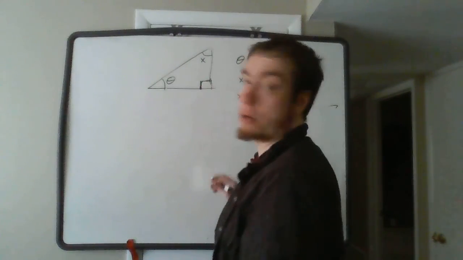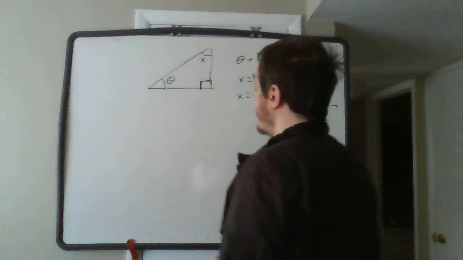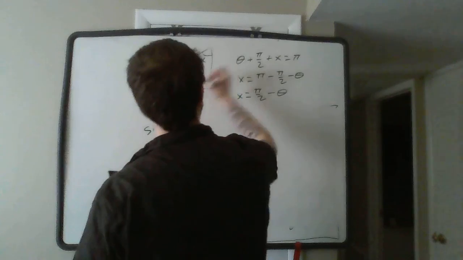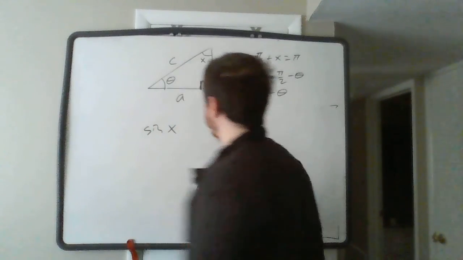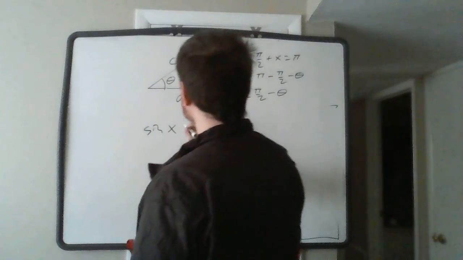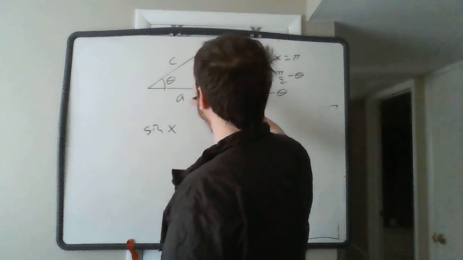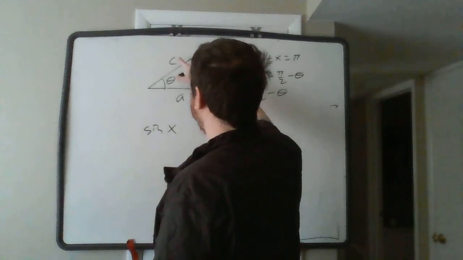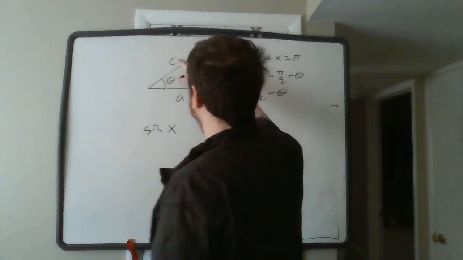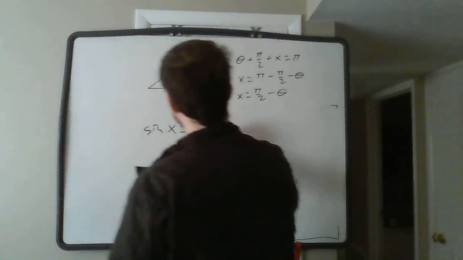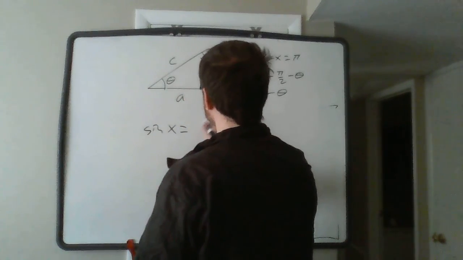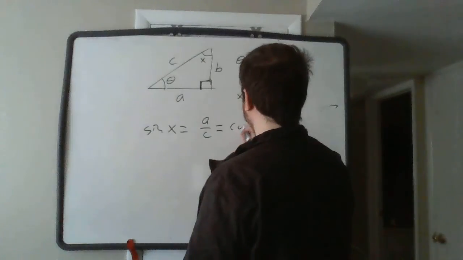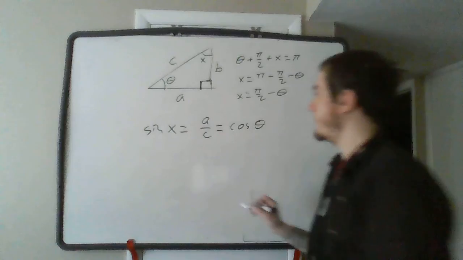Now, what does that mean in terms of sines and cosines? Well, the sine of x, let's label these sides here. We have C, and we'll label this as A, and this is B. This tells me that the sine of x, which is the opposite side for this angle x, divided by the hypotenuse C, is equal to A over C, but this is actually also equal to the cosine of theta.